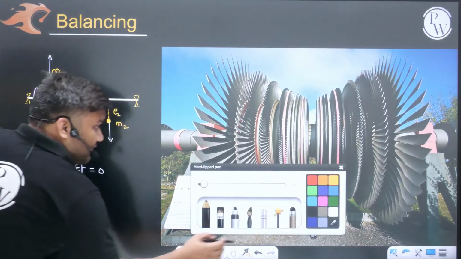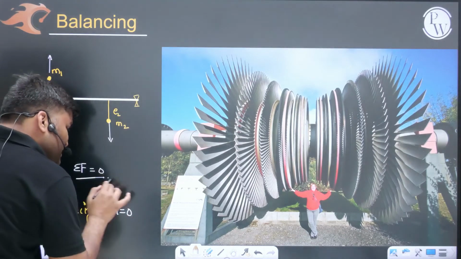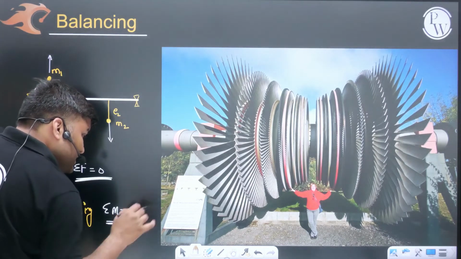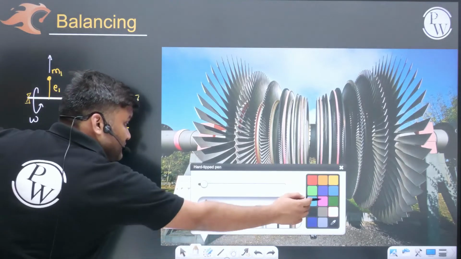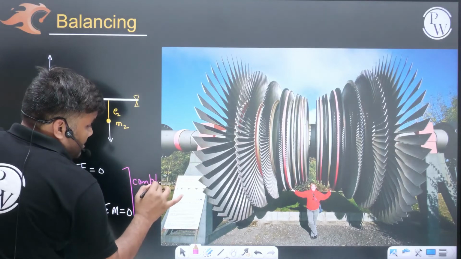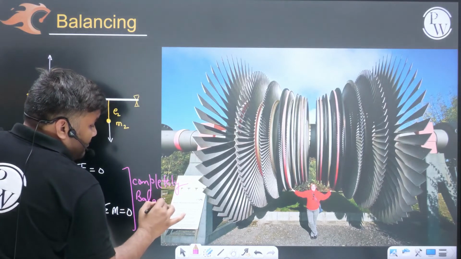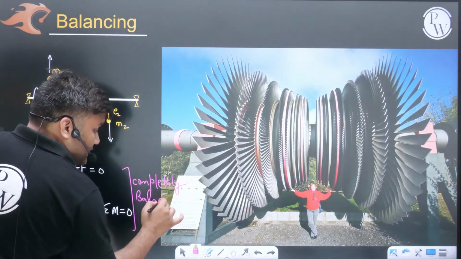Dynamic balancing, which is written as summation of moment equal to zero. Forces का summation zero करिए, moments का summation zero करिए, then you can see that now it is completely balanced. Getting my point or not?